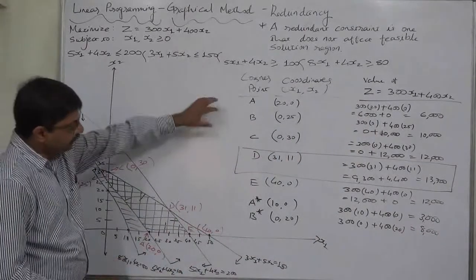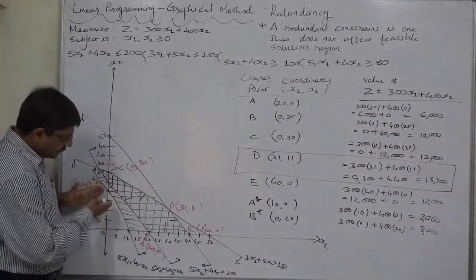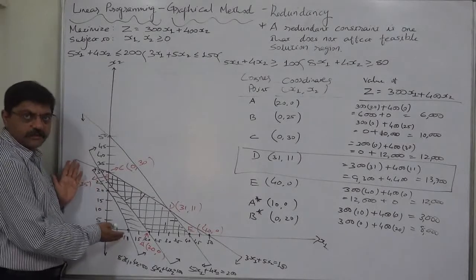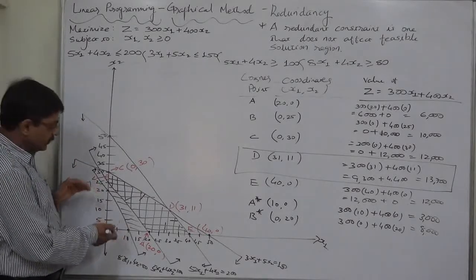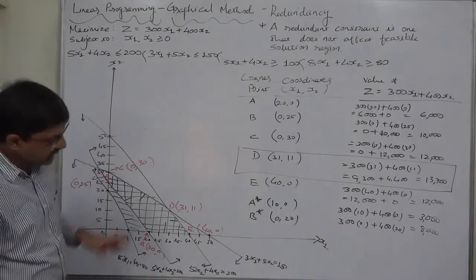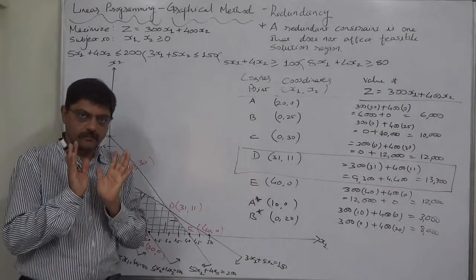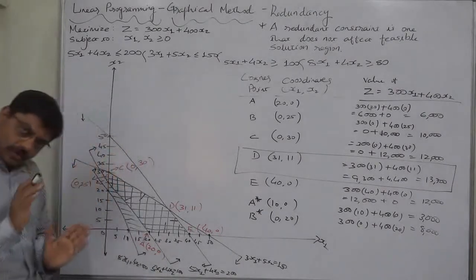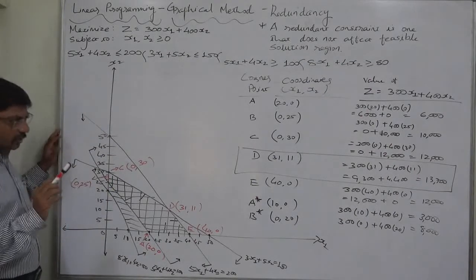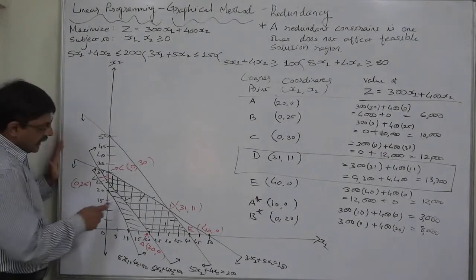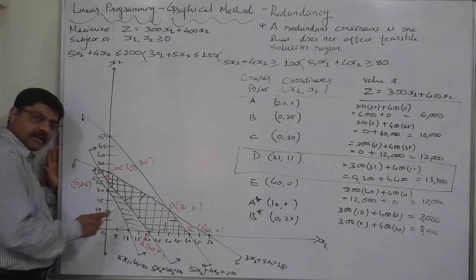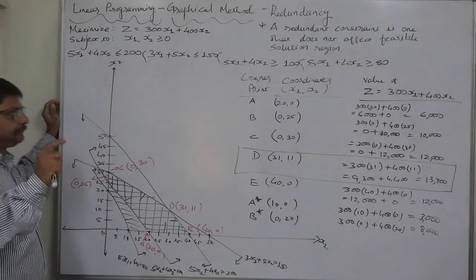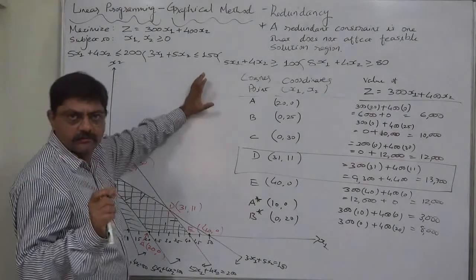So even if we consider this constraint as part of feasible region, there will be no change in the optimal solution of the LPP. So now it is upon us, either of these two can be treated as the redundant constraint.